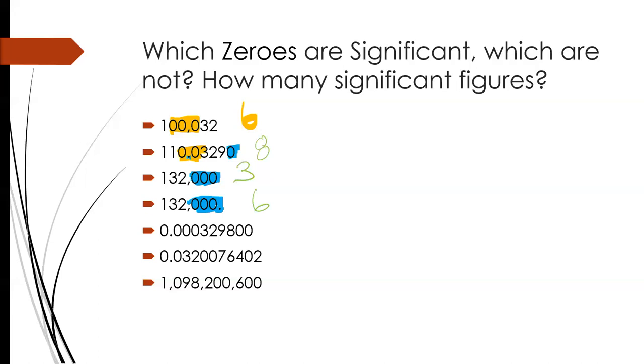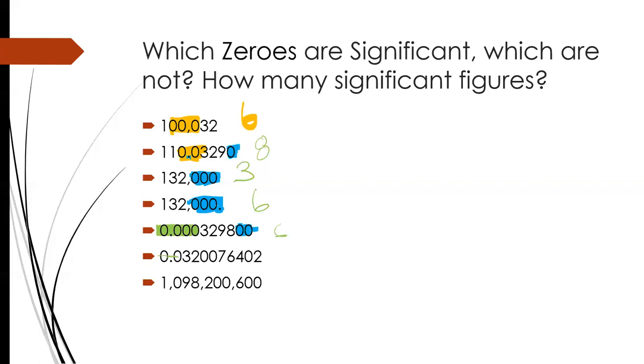During this next one, we have our leading zeros, and those are never significant. We have our trailing zeros down here at the end. And those are going to be significant because there is a decimal point in this one. And so we should have 1, 2, 3, 4, 5, 6 significant figures. Looking at our next one, we have those leading zeros again.